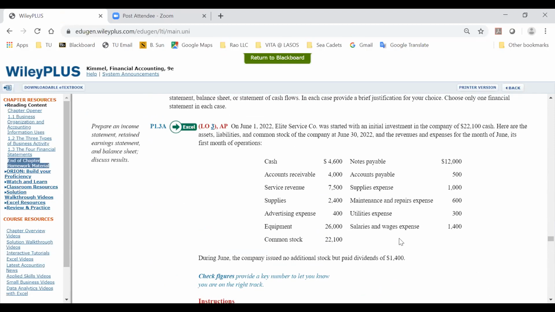So copying information from what I do or another student does is not going to help you because everyone's numbers are going to be different. It's more important you learn how to do the work. So this problem I have copied and pasted into an Excel spreadsheet, and I will show you how to do that. So let me do another screen share now with Excel.